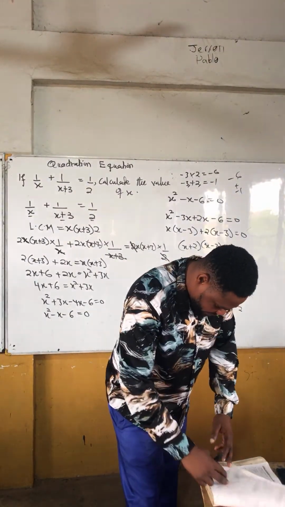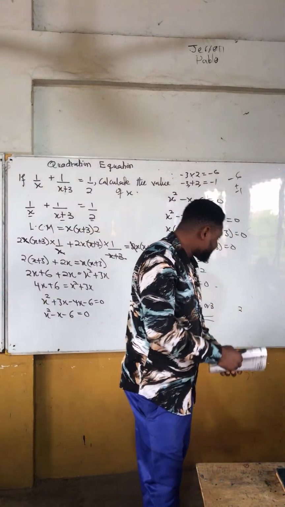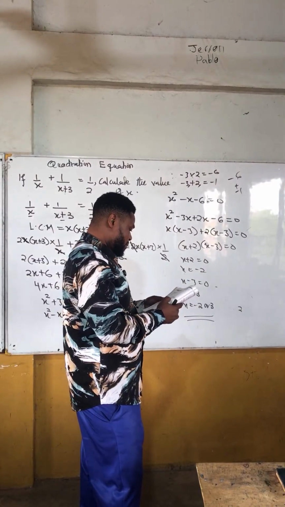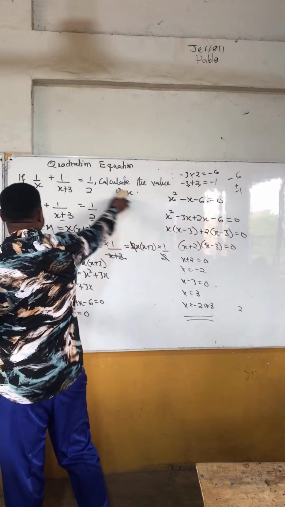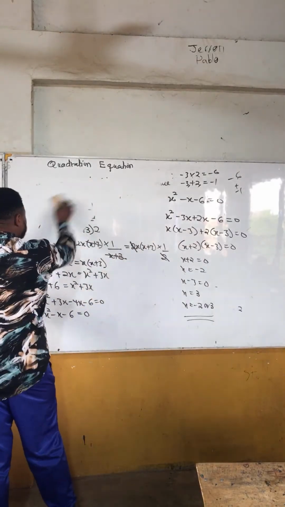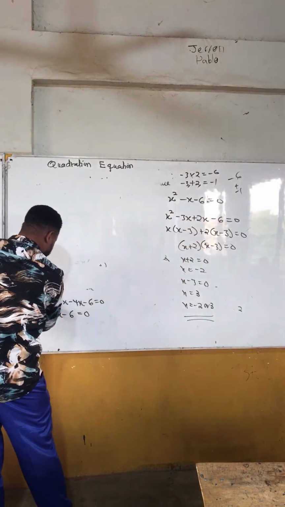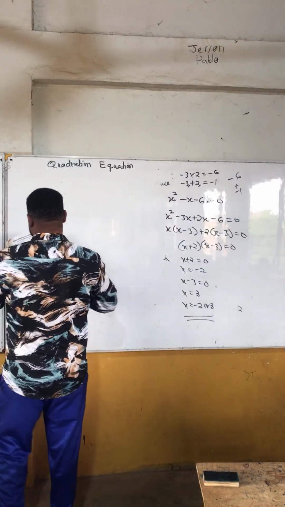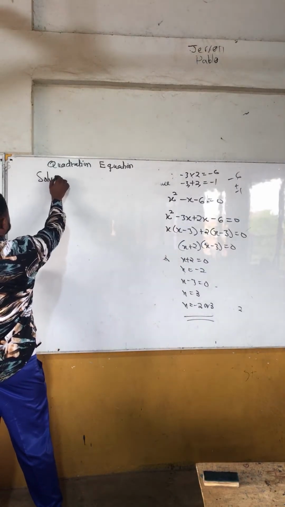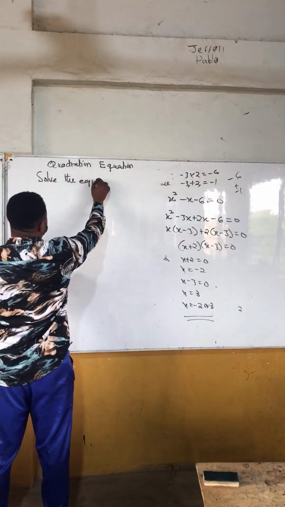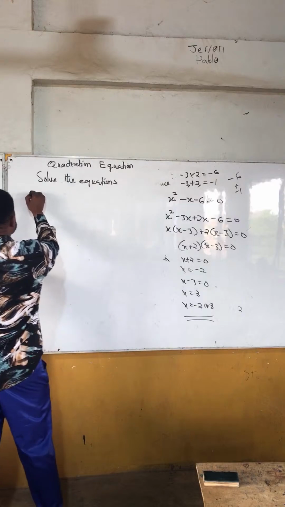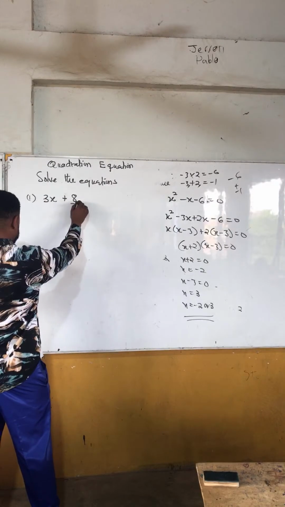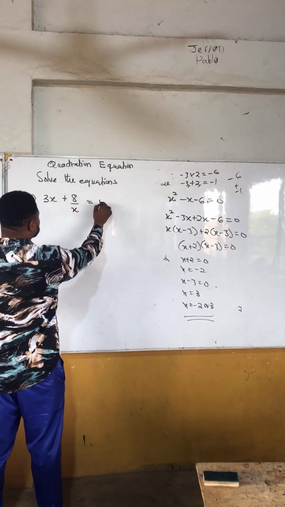Homework. Let's take our homework. Solve the equations. Number 1, we have 3x plus 8 all over x equal to 10.